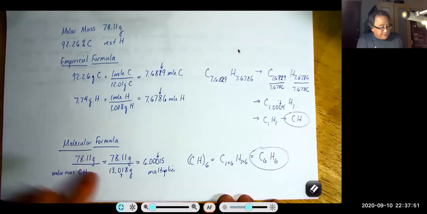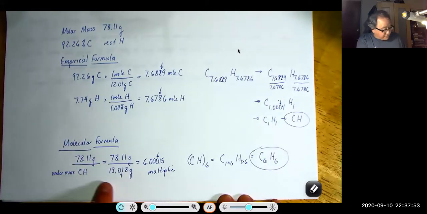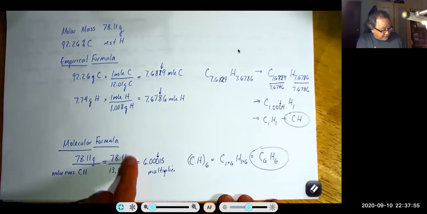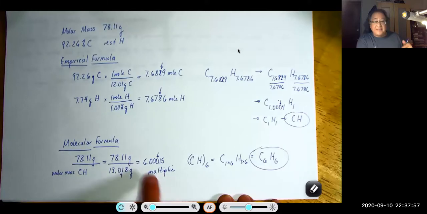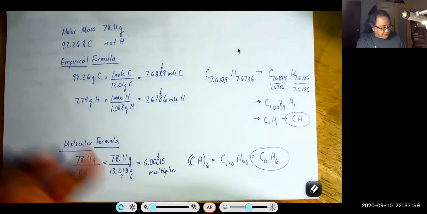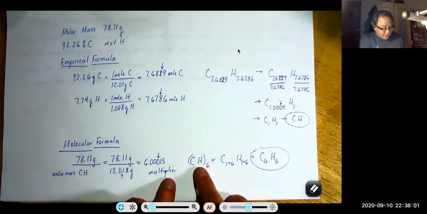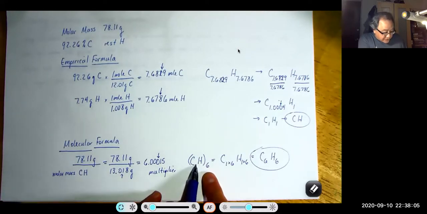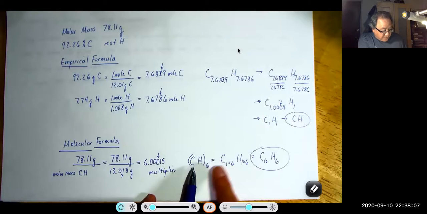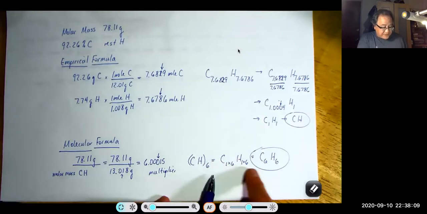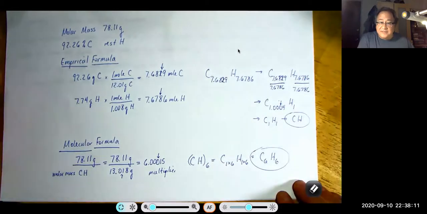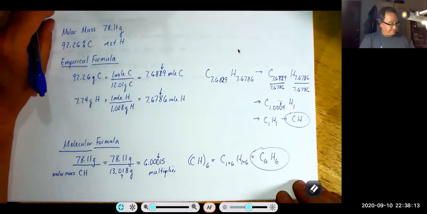Now, I take the 78.11, divide it by my 13.018 grams, and I get my multiplier, which happens to be 6. So here I take the empirical formula times the multiplier. And remember, this is really a 1 and this is a 1. So I get C 1 times 6 and H 1 times 6. And the molecular formula is C6H6.